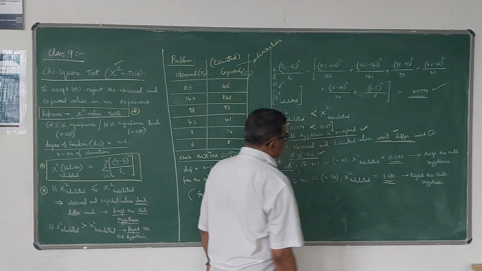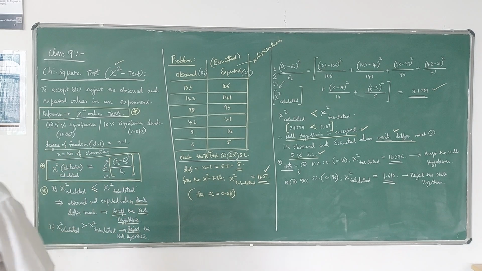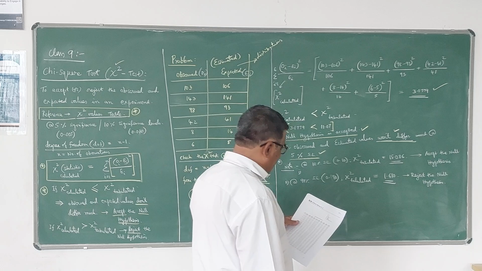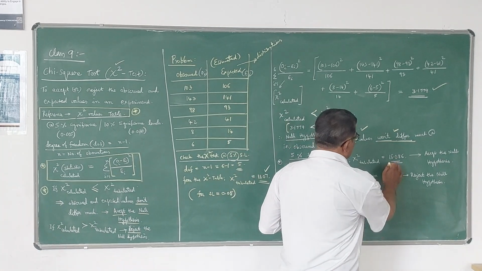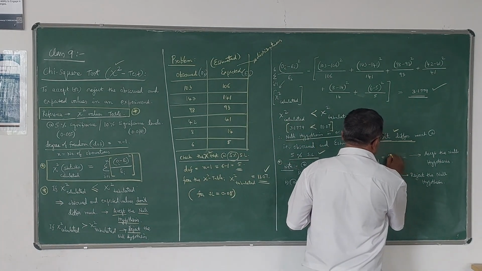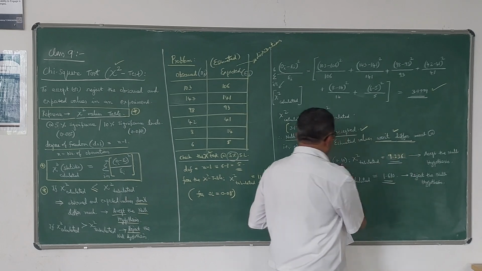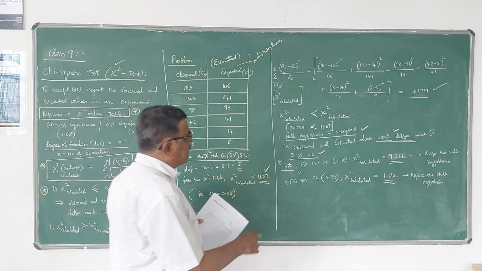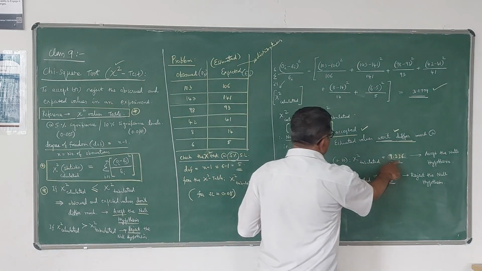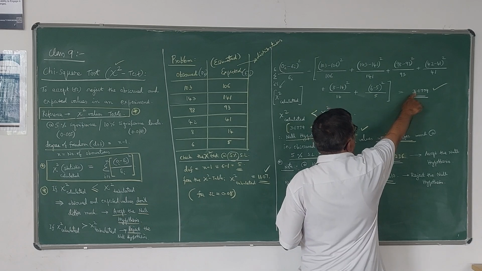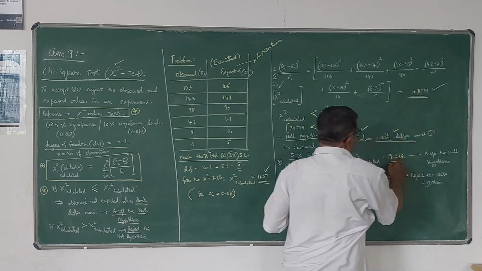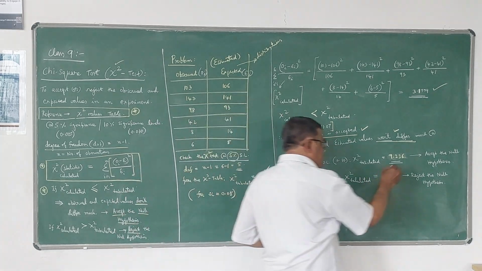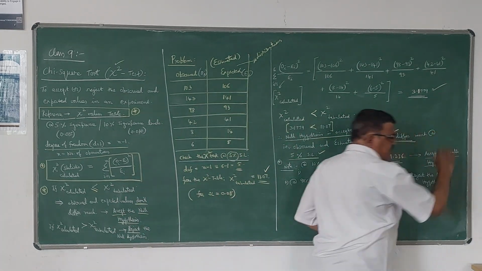For 0.1, the value is 9.236. So once again, the tabulated value is 9.236 and the calculated value is 3.1779. Here also calculated is less than tabulated. Therefore, in this case also we can accept the hypothesis.